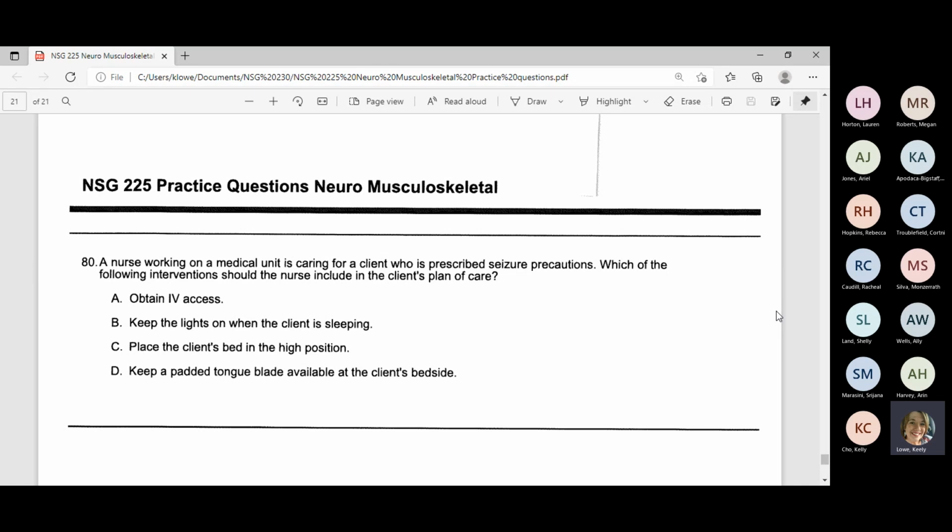Let's see what else. I would say for CVA as well, thinking about safety risks. Aspiration is huge, risk for falls, risk for skin breakdown, risk for impaired mobility, knowing the damage to the brain between left and right hemisphere, and long-term rehab.